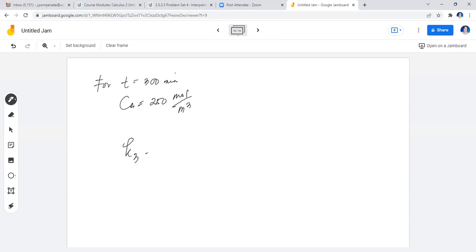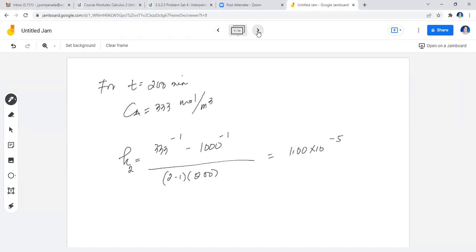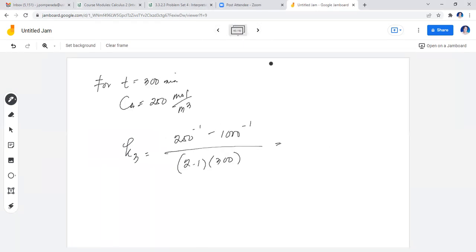So K3 is equal to 250 raised to negative 1 minus 1,000 raised to negative 1, over 2 minus 1, and I have here 300. I have the answer here already. The answer is 1 times 10 raised to negative 5.